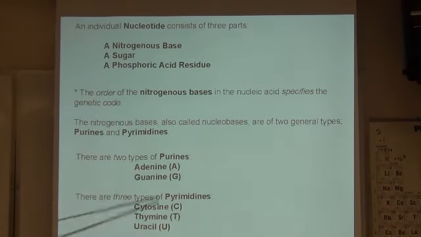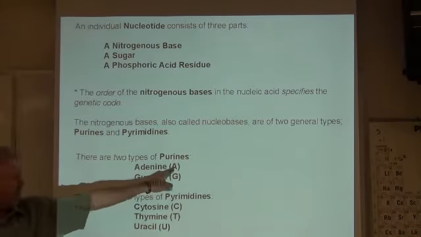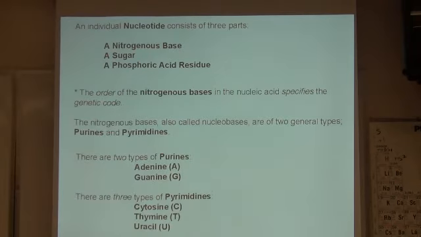The purines are adenine and guanine, which we usually abbreviate with a single capital letter, the beginning of each name. So adenine is A, guanine is G. The pyrimidines are C, T, and U: cytosine, thymine, and uracil. We'll see how those come into play in terms of Watson-Crick base pairing rules a little bit later.